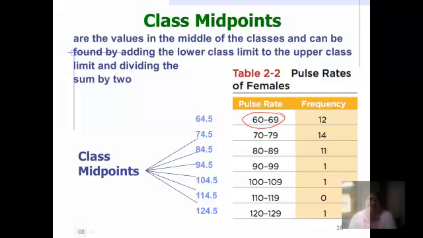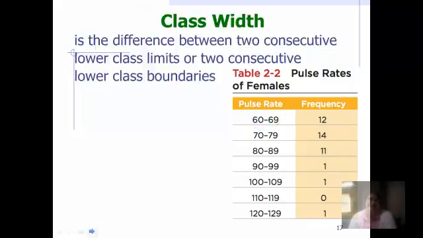Now, we're not going to do much with class midpoint, but if all we had was this frequency table and we didn't have the data table from a few slides ago, we could find a really good estimate of the average of the data by taking the frequency times the class midpoint, adding those numbers up, and dividing by the number of individuals in our data set. But we're not going to need to do that very much.